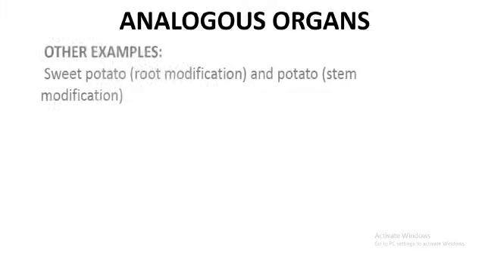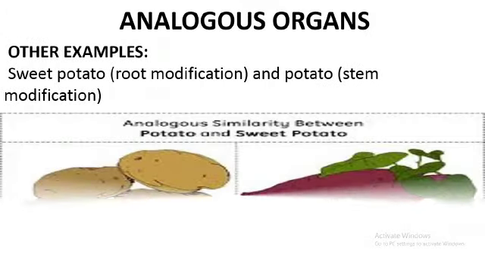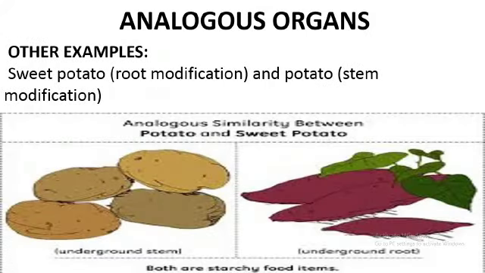There is also an example from plants, for example sweet potato and potato. Sweet potato is a root modification, a modified root tuber, so it stores food. And potato is a stem, an underground stem, which is also meant for storage of food.